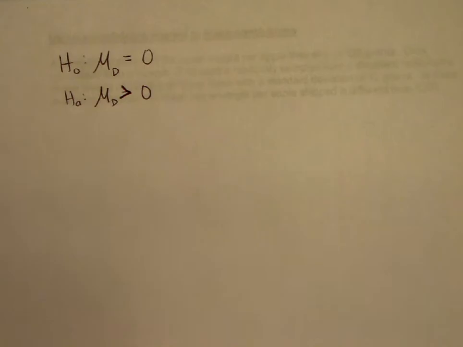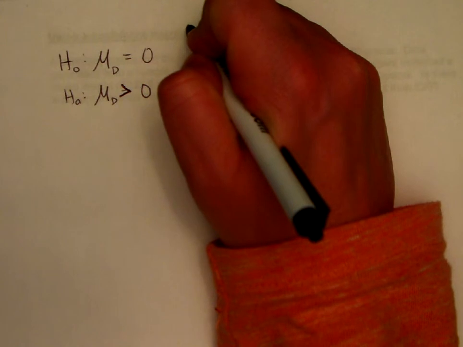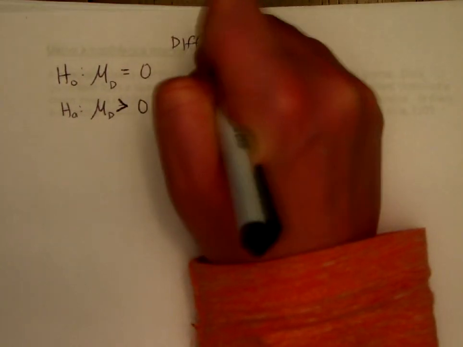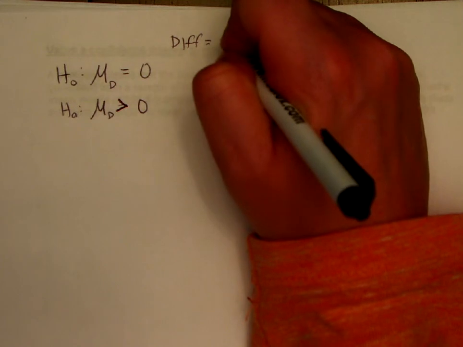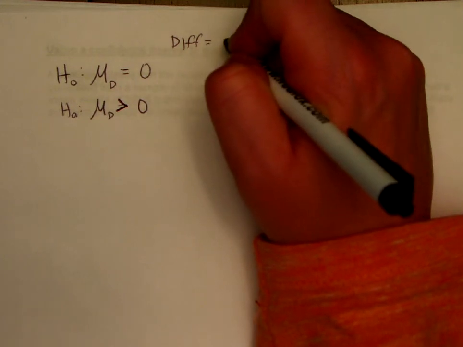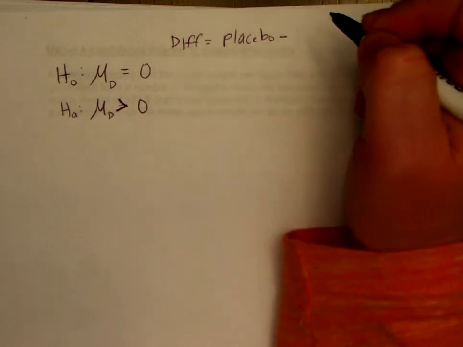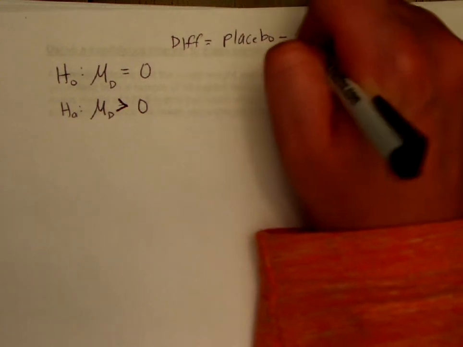We're going to write the mu of the differences is greater than 0. Remember the way that we are subtracting, and maybe I'll write this up here, our differences are, the way I did it, placebo minus the caffeine.